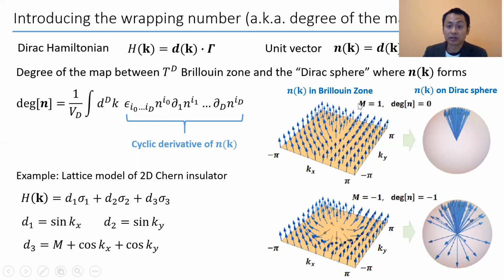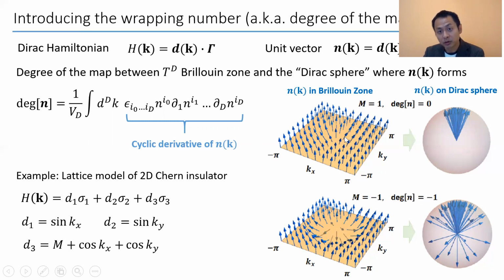Let's say for the case of m equals 1, if you plot this n vector as a function of momentum, you see that they're mostly pointing to the north. And the Dirac sphere is formed by shrinking all these d vectors into one point. As you can see, it will form a sphere.